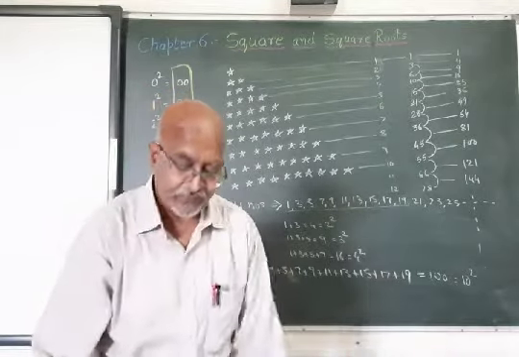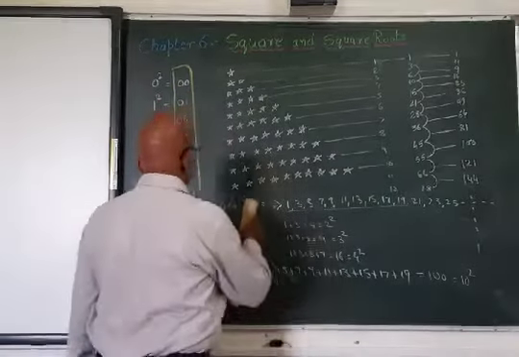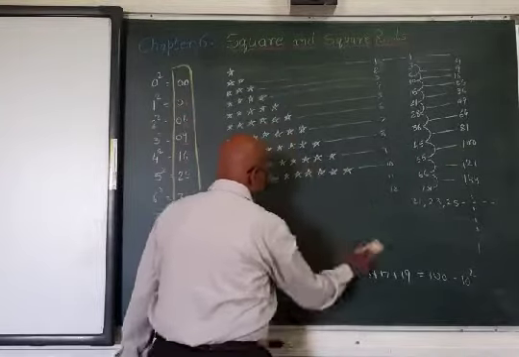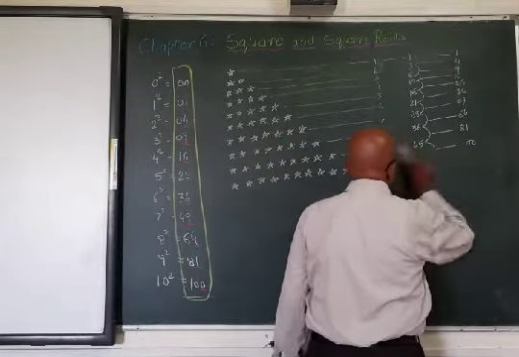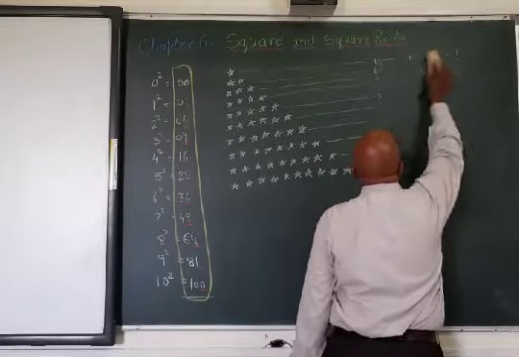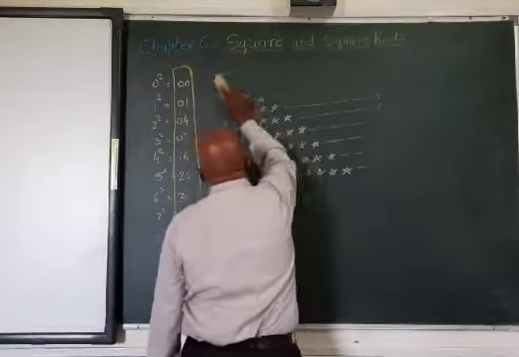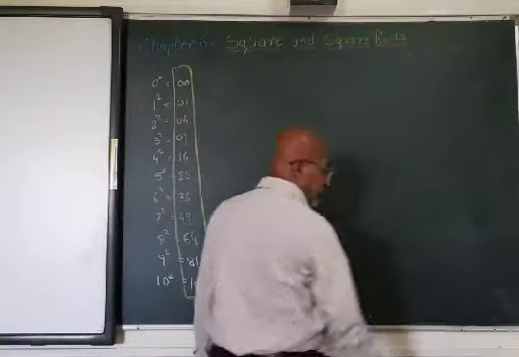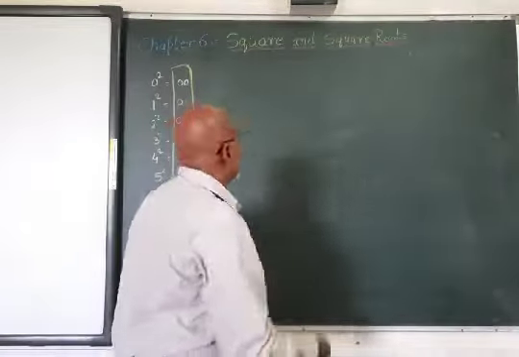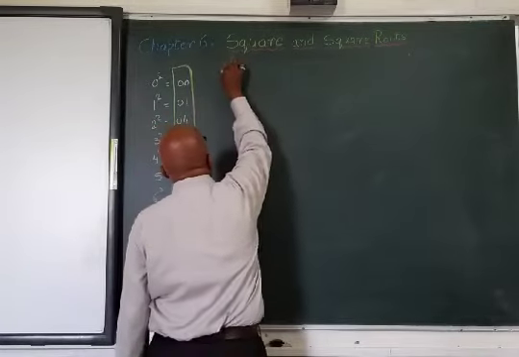Now how? Even or odd numbers. If I take the series of even and odd numbers, I will write them down first. Now, here you can see the series of odd numbers.